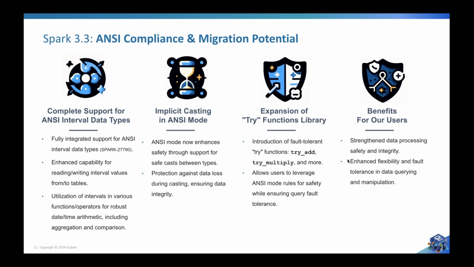And what are the benefits of all these? One is that it improves your data processing, and at the same time, it makes sure that you have safety and integrity of the data. With all these try capabilities and others, you can write better data querying and manipulation, and the queries become much more fault tolerant.